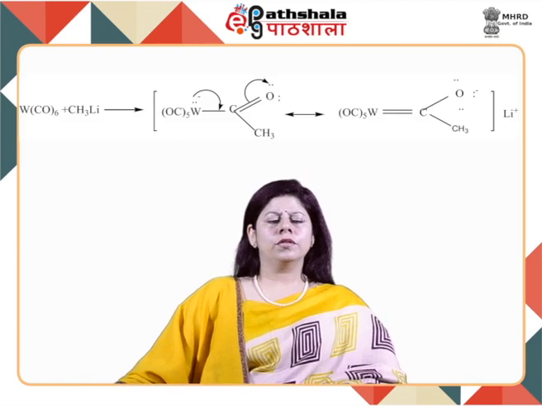In the reaction shown here, tungsten hexacarbonyl reacts with methyl lithium to form an acyl complex in which the methyl group gets attached to one of the carbonyl carbons, and in the next step it forms its resonating acyl ion in which the metal carbon bond is doubly bonded and the CO bond is now singly bonded, as you can see from the reaction mechanism given here.